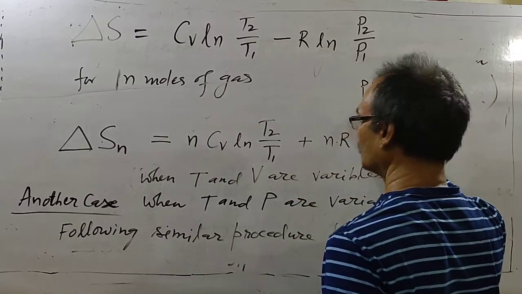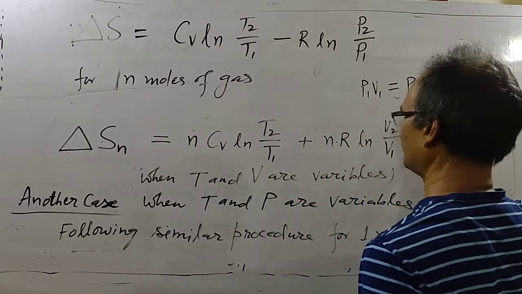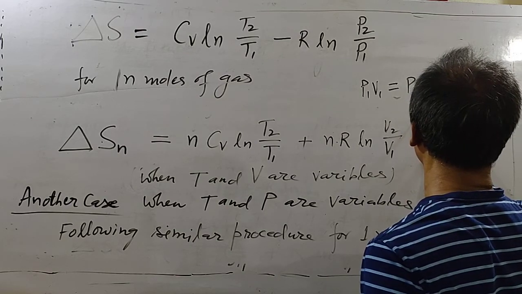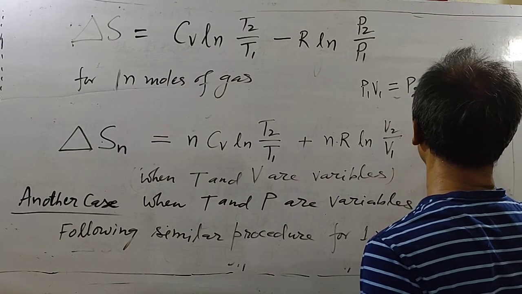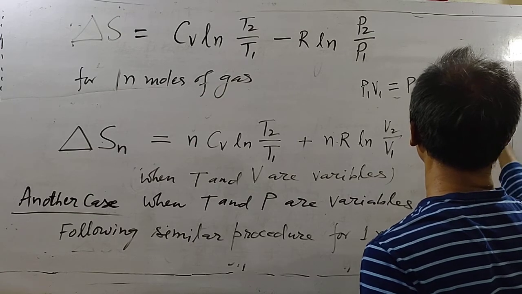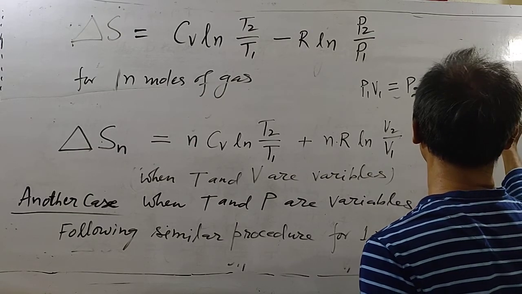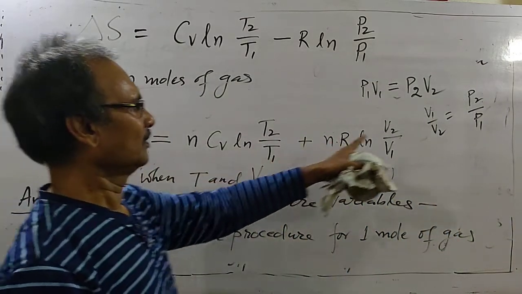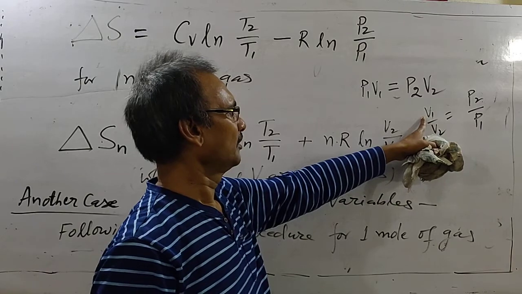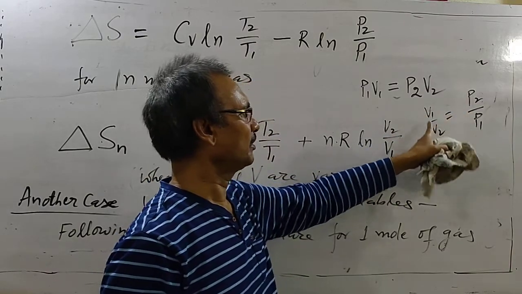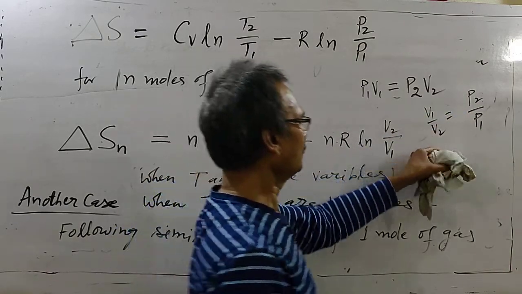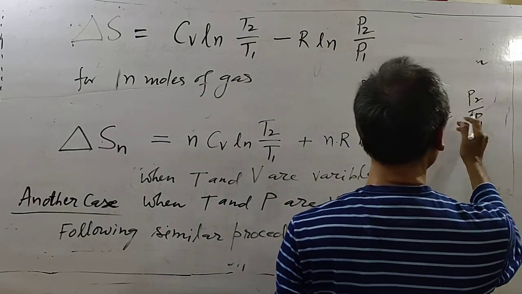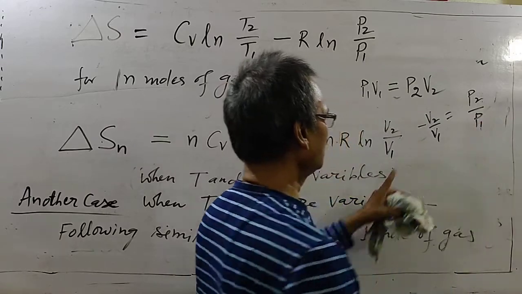We know for 1 mole of gas, V1 by V2 is equal to P2 by P1, or V2 by V1 equal to P1 by P2.